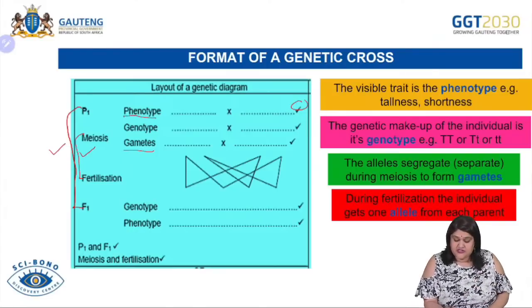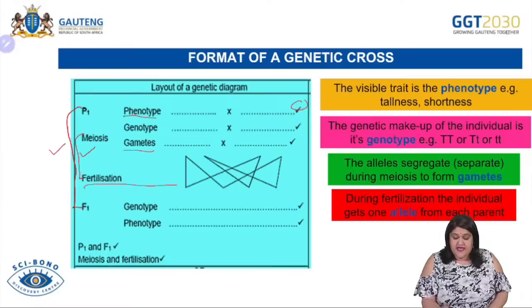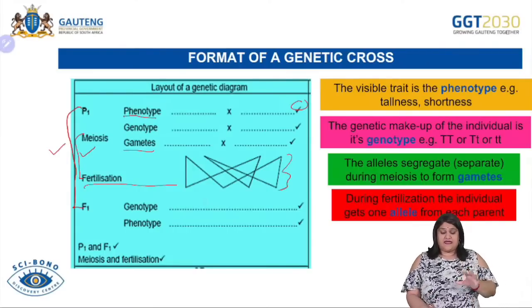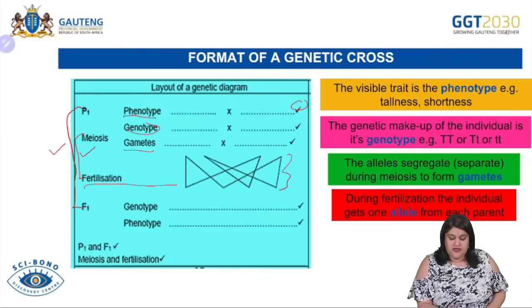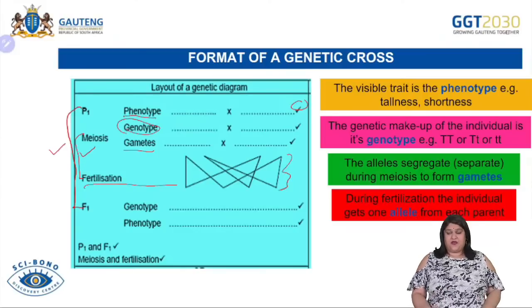So during this process of fertilization over here, we have the genotypes and the phenotype. So we have these individuals that are going to come out from this fertilization. They will get an allele from each of the parents, which is coming from the genotype essentially. So this is one version of the cross that you can do.